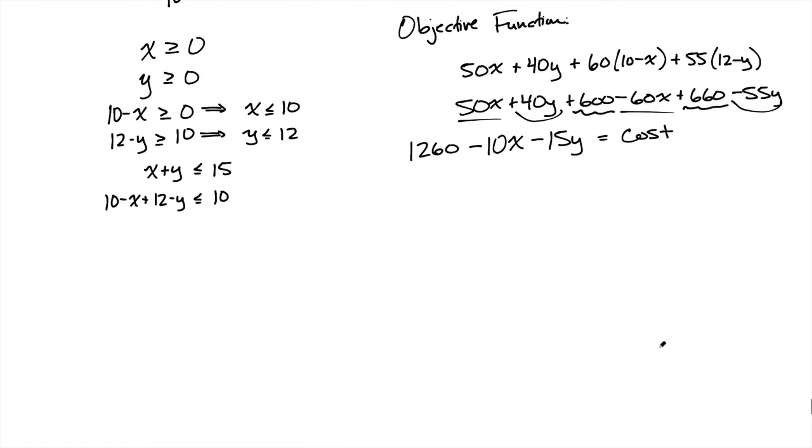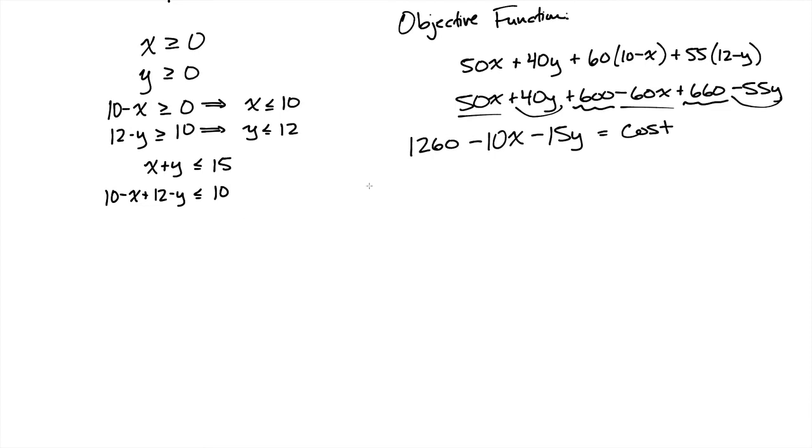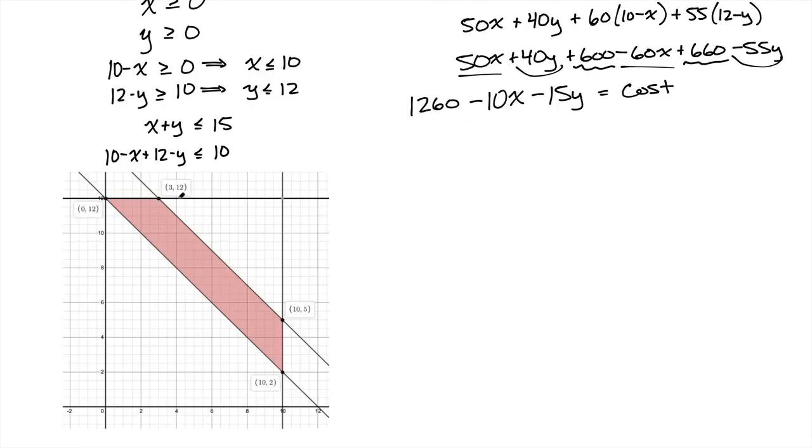So now we're going to go ahead and look at the feasible region here. So here's our feasible region with our vertices labeled. And we are trying to minimize the cost. So all we need to do now is plug these 4 points into the cost and see which one gives us the smallest cost.